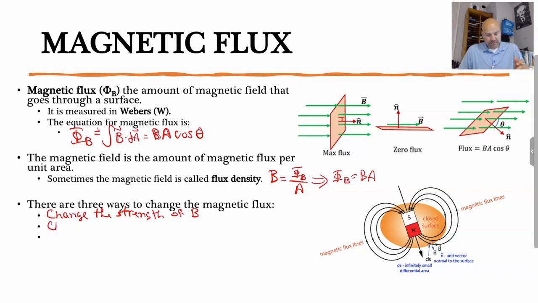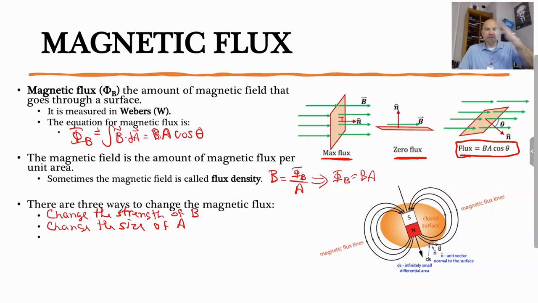The second thing is we change the size of A. We make it a bigger area or a smaller area, because it's predicated on how much is fitting through that area at that particular time. And the last thing you can see here, max flux, zero flux, and any flux, is that we can change the angle at which that surface is inside that magnetic field.